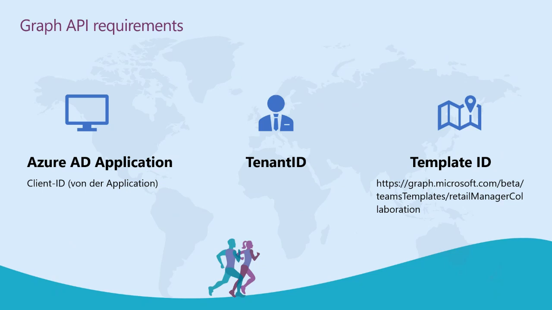With the secret and the client ID, you are able to address the Azure AD app. And you can use this Azure AD app to fulfill your task with the specified permissions. You need the tenant ID and the template ID if there is something other than the standard default.